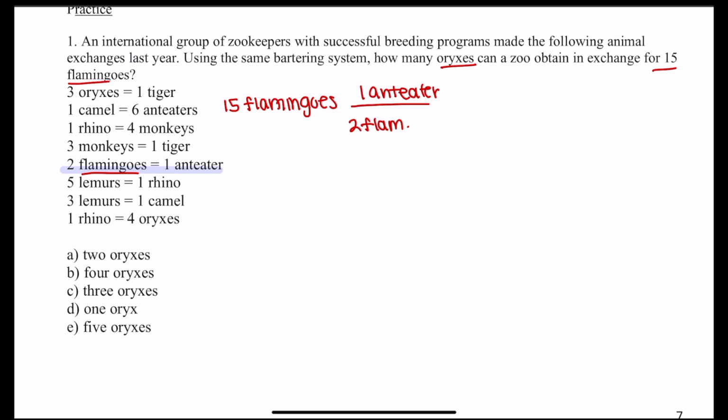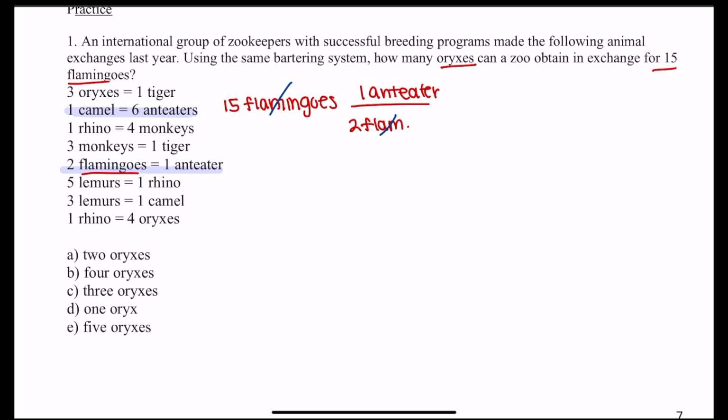Next step: anteater is not our desired product. The flamingos cancel out, leaving us with anteaters. So let's look at any other unit with anteaters. This one has anteaters in it, but it's camel, not oryxes.